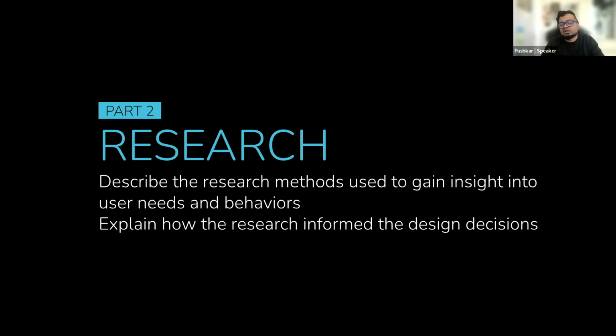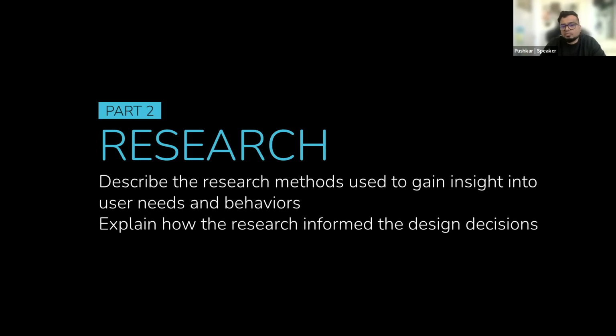If you're a UX researcher, this will become the major part of your case study. So in the research part, describe the research method. Did you do qualitative? Did you do quantitative? Did you do a diary study? Did you do interviews? Whatever that thing is you did, talk about that. List that out, maybe with some nice pictures. That always helps, right? It gives some visual element. So describe the research method used to gain insight into user needs and behavior.